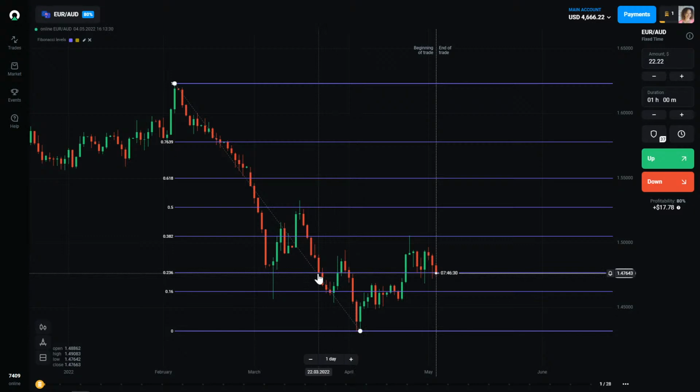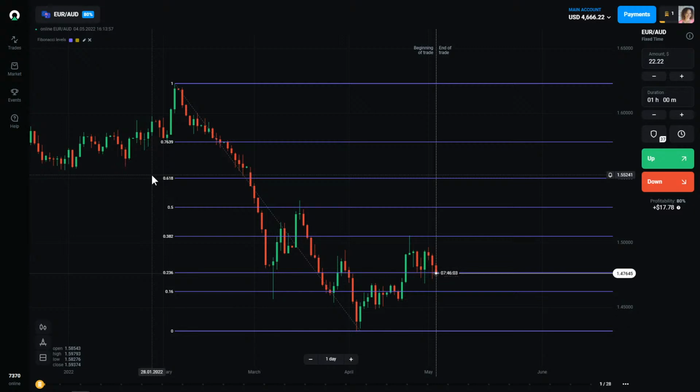And once again, what you can see is potential areas of resistance. Basically all of these lines show us levels of support and resistance. And remember that the most important areas are the 23.6, the 38.2, 50%, followed by 61.8%.